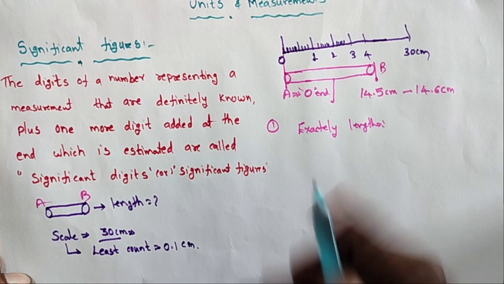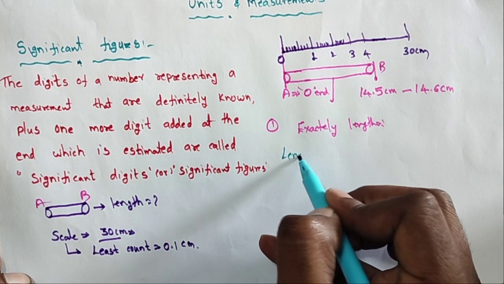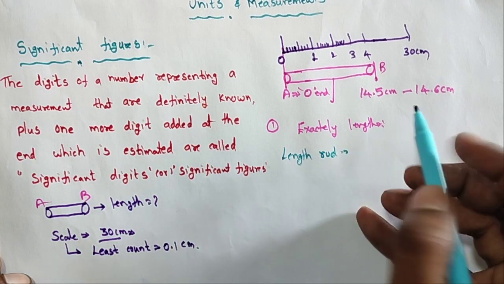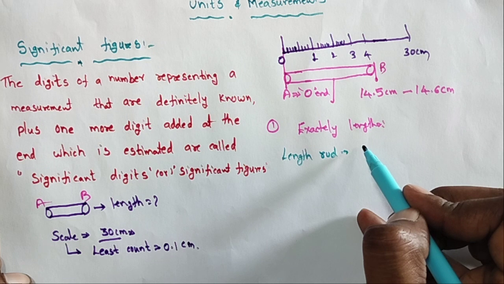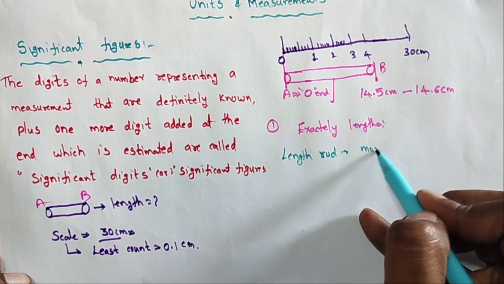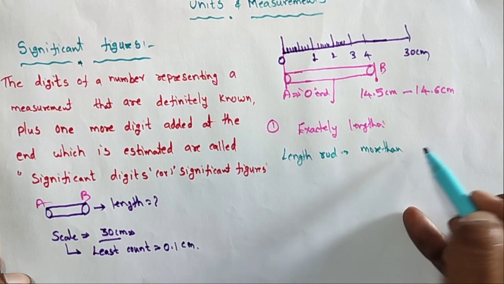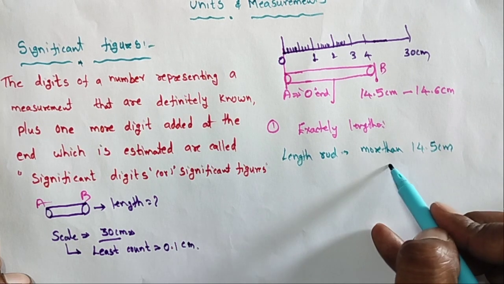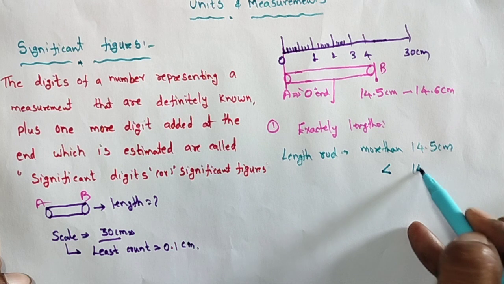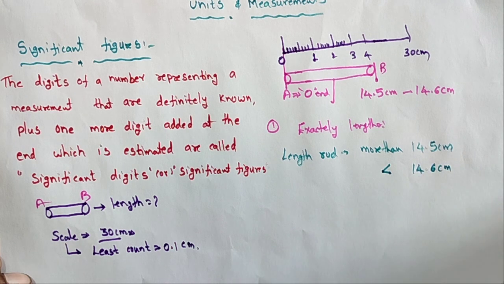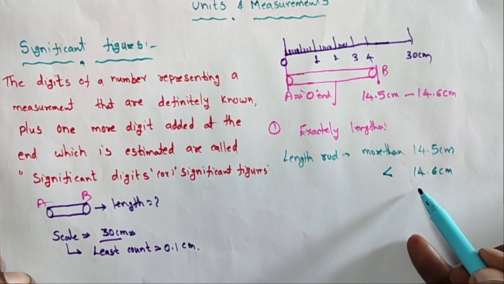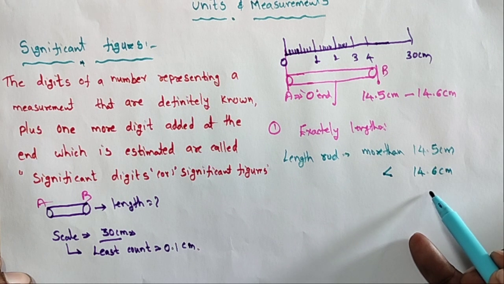The length of the rod must be more than 14.5 centimeter and less than 14.6 centimeter. Clear?